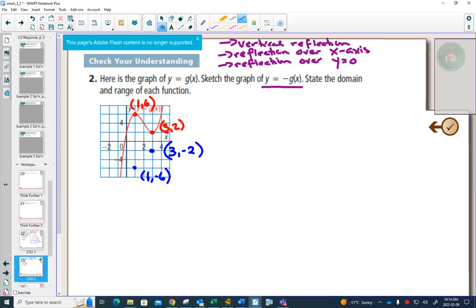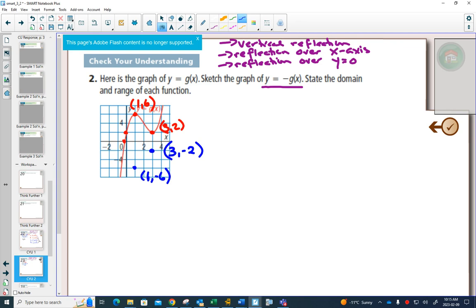Now just having those 2 points, can your brain flip it? You might want one other point. Another really nice point for reflections often deals with the x-intercepts and y-intercepts. So if we look at both of those on our red graph, we have an x-intercept there and a y-intercept.